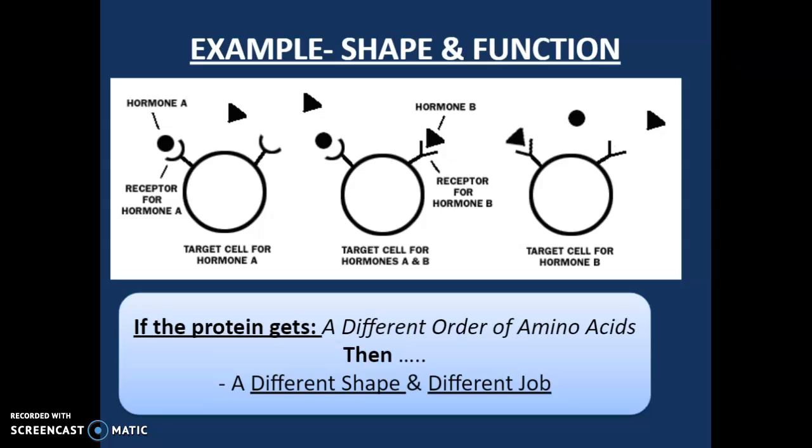For target cell B only, we only see hormone B attaching to the receptors, because remember, the different order of amino acids determines the function because of the shape. So order of amino acids determines the shape and therefore determines the job of the protein.